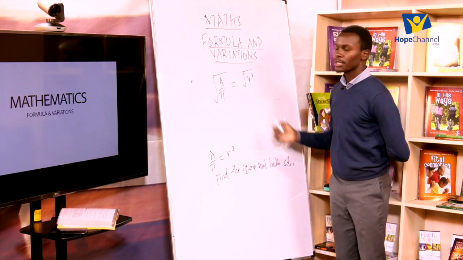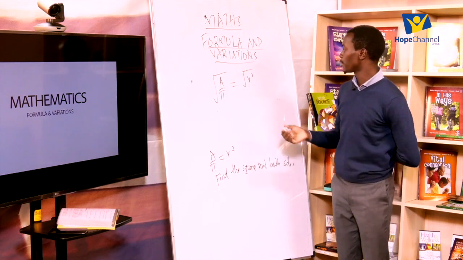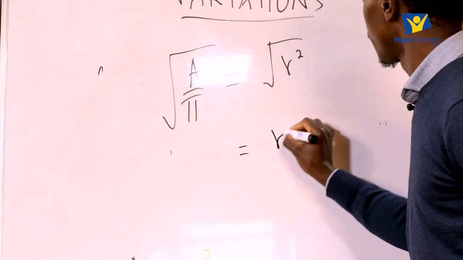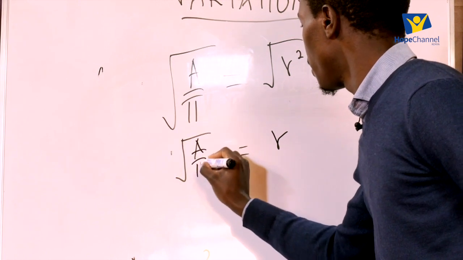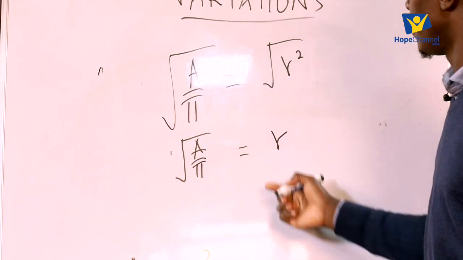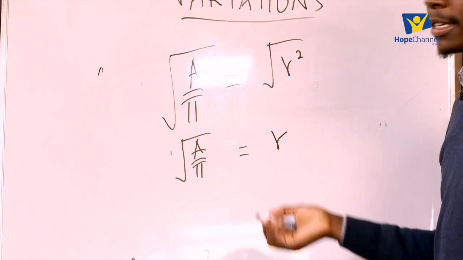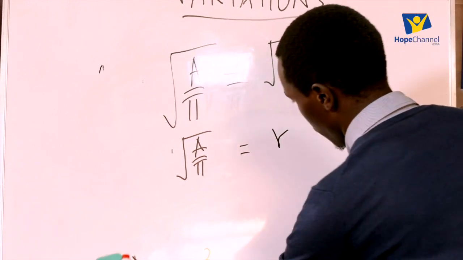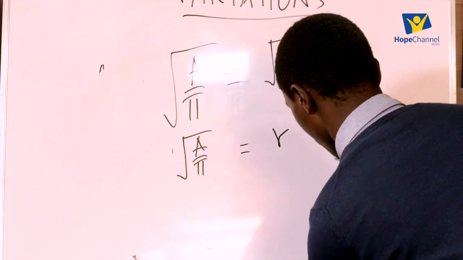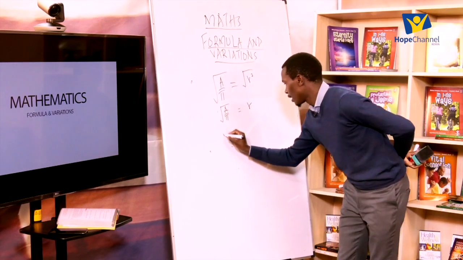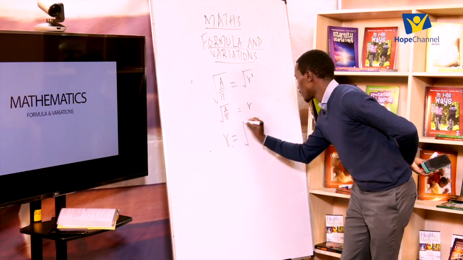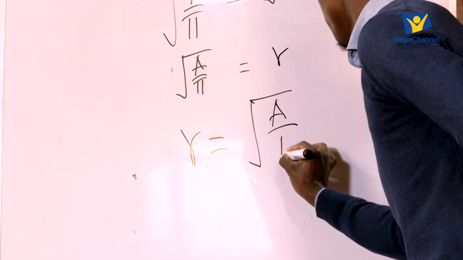So by finding the square root of r squared, square root of r squared is r. That one is equal to the square root of a over pi. So we can leave our answer as that, or you can rearrange it to have it as r is equal to the square root of a over pi.